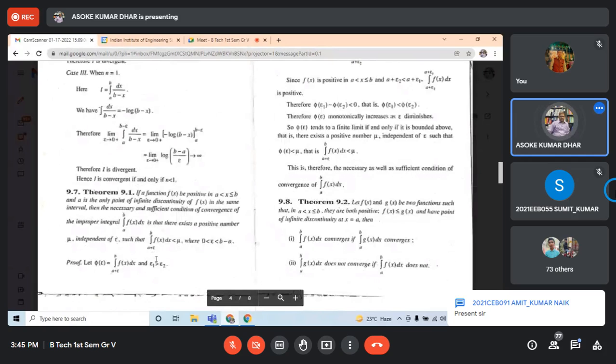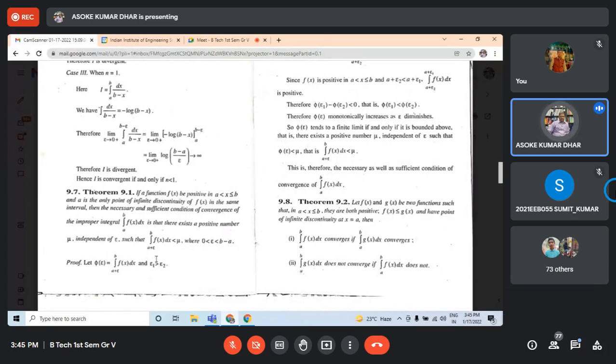Now consider a theorem. If a function f(x) is positive in a to b, and a is the only point of infinite discontinuity of f(x) in the same interval, then the necessary and sufficient condition for convergence of the improper integral is that there exists a positive number mu, independent of epsilon, such that the integral from a plus epsilon to b of f(x) dx is less than mu, where epsilon lies between 0 and b minus a.